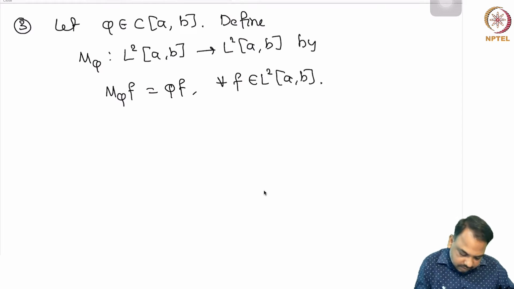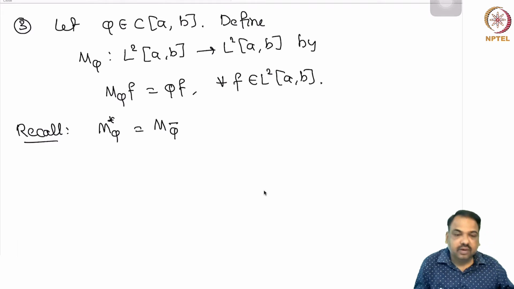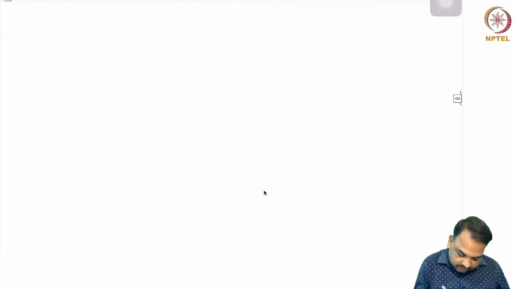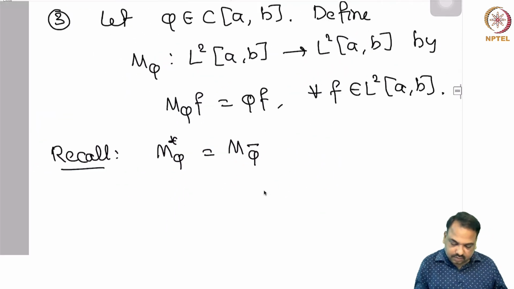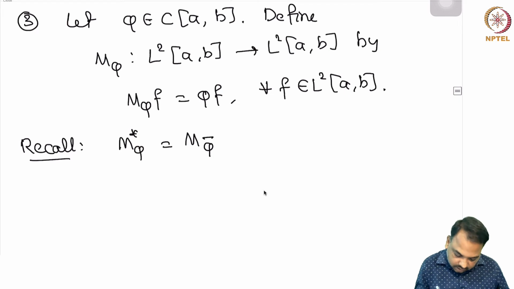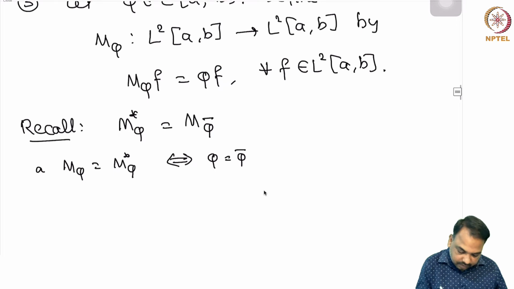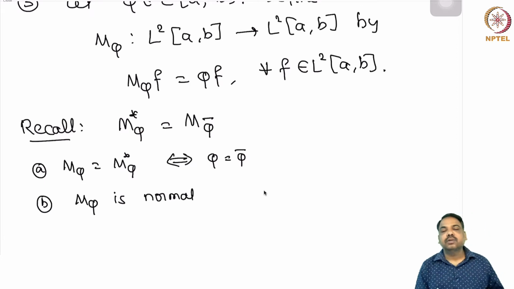So we have already proved that M phi star is nothing but M phi bar. So from this we can conclude that M phi is self-adjoint if and only if phi equal to phi bar. That means phi is real valued. M phi is always normal because phi bar commutes with phi.